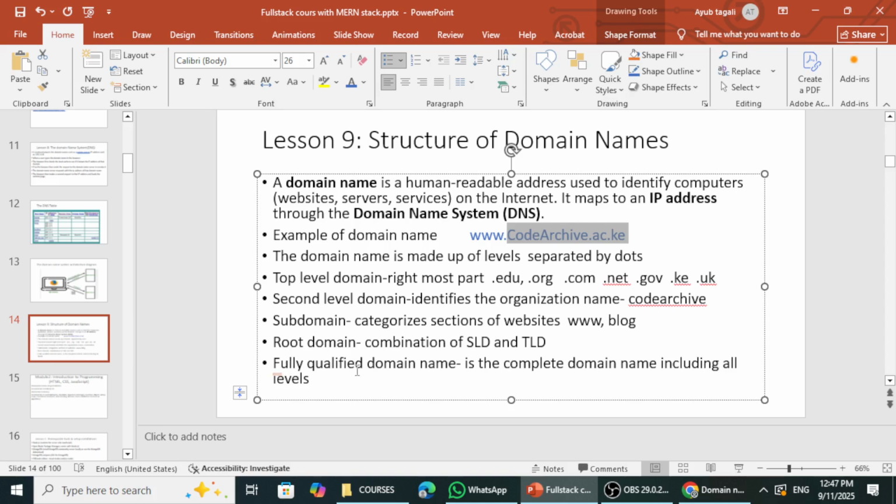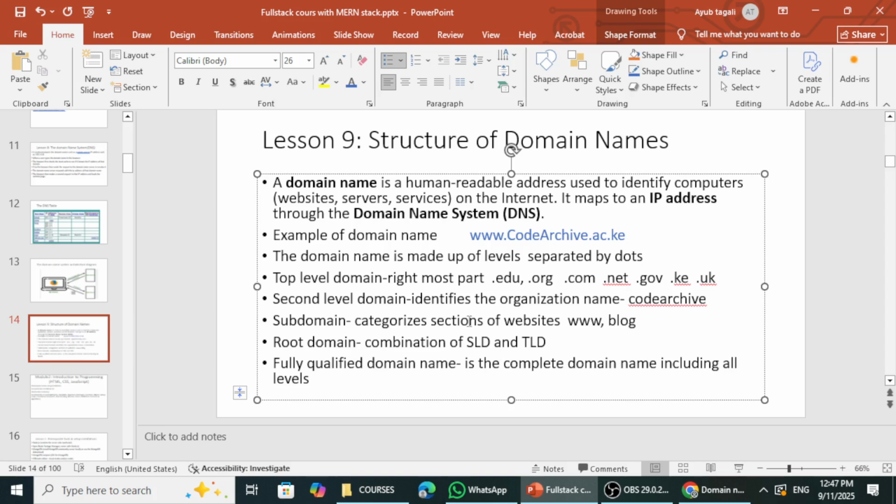Then we have the fully qualified domain name, which is the combination of all the levels. The whole of this forms the fully qualified domain name. When you take this domain name and put it in your browser, you should be able to reach this website if it exists online.